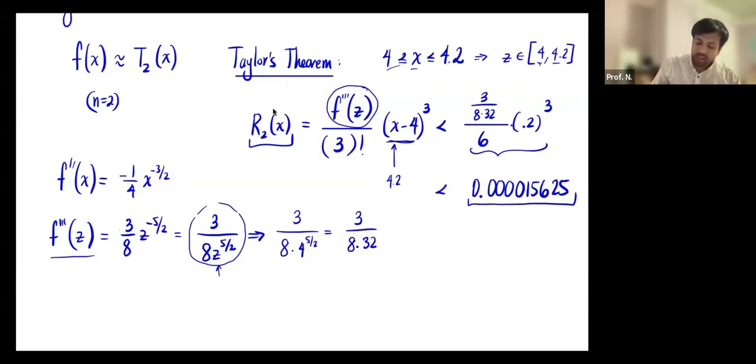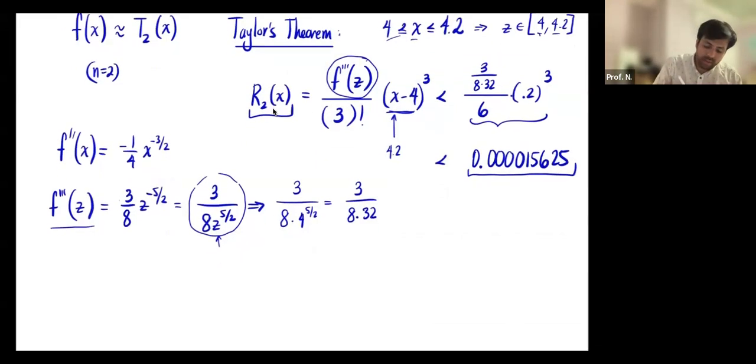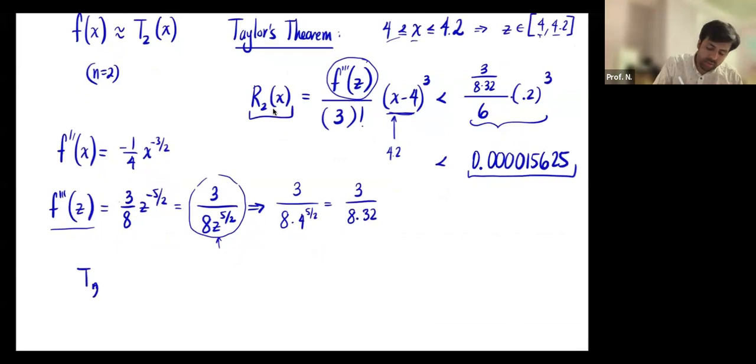This is saying that this Taylor approximation, T sub 2 of x, which is the Taylor polynomial of degree 2, approximates f of x pretty well.